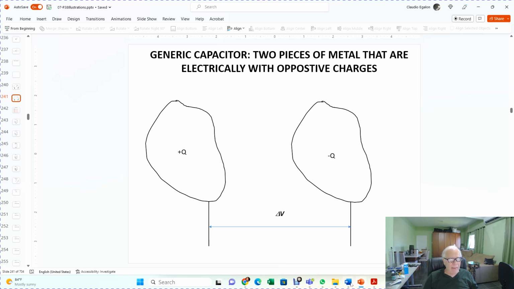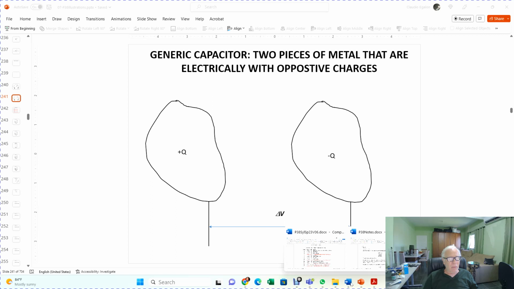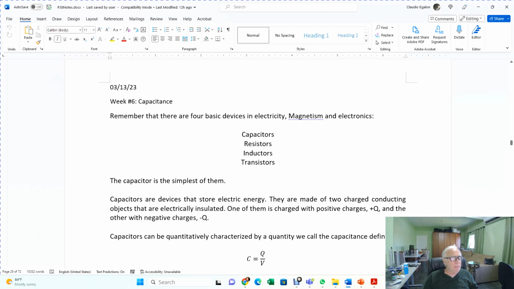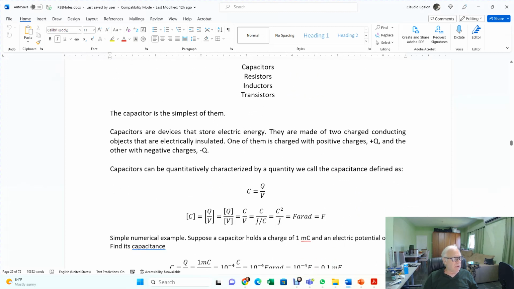And that's where the definition of capacitance, which is a quantitative description of a given capacitor, comes about. Capacitance is a quantity associated with a capacitor, and it is defined as the amount of charge divided by the electric potential. That's how we define capacitance.